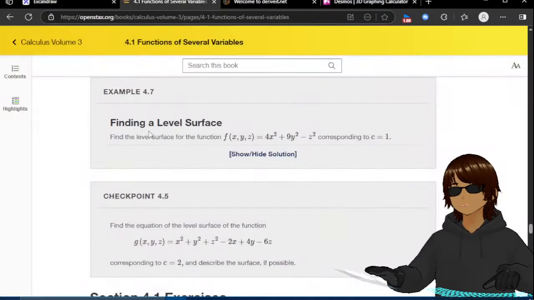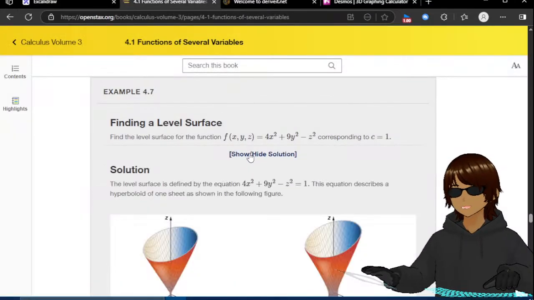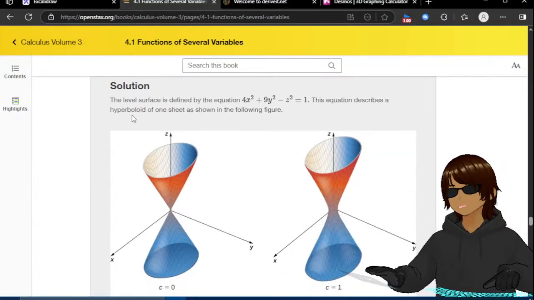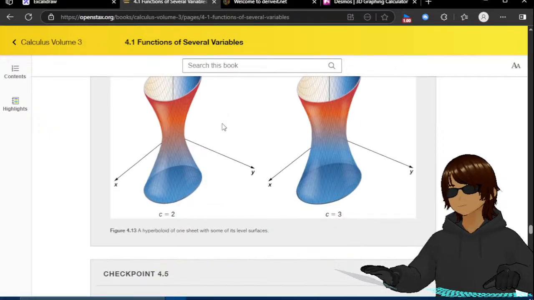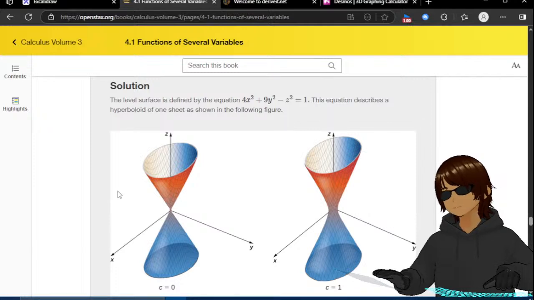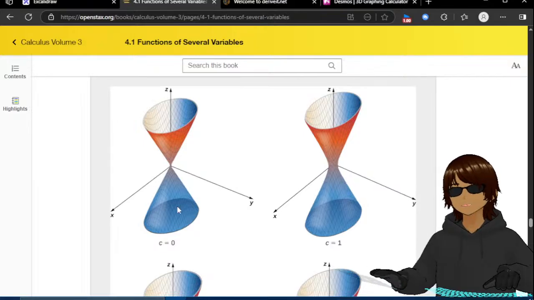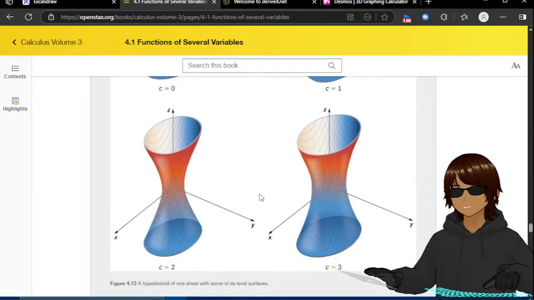So what are we trying to find? Find the level surface for this one. Isn't this it? Or they wanted to graph it. This equation describes a hyperboloid of one sheet as shown in the following figure. So this is c0, c1, c2, c3. So the entire thing is in the fourth dimension, right? The output is in the fourth dimension.